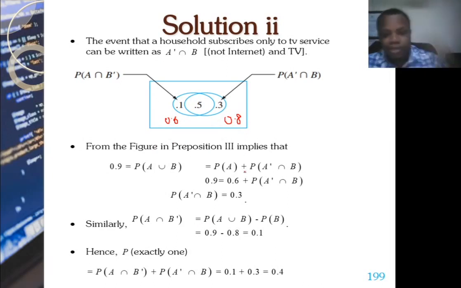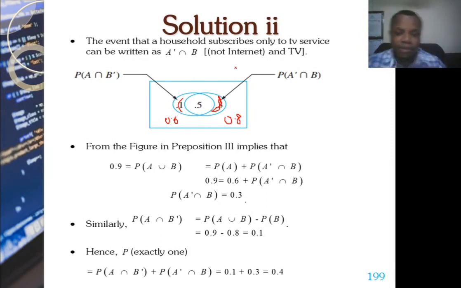We could just solve this right from the Venn diagram, but let's see how this is done. Because we are looking at only one service, it could be only internet service or only TV service. We could just pick up this portion and add it to this portion, 0.1 and 0.3, which is just going to give us 0.4.